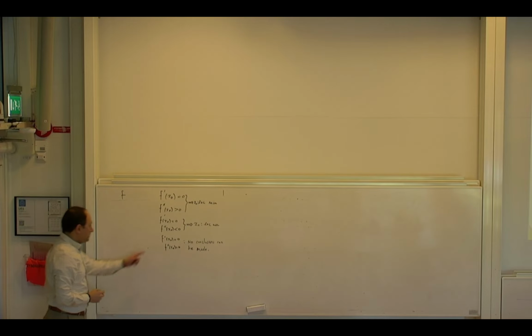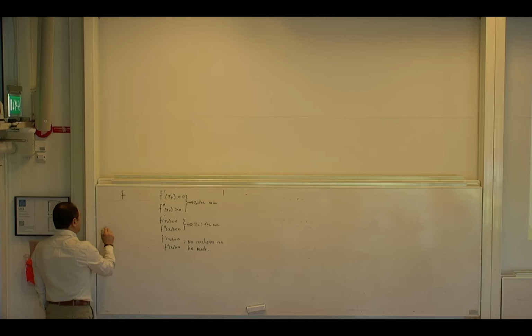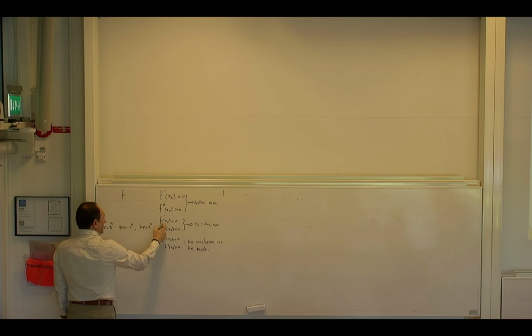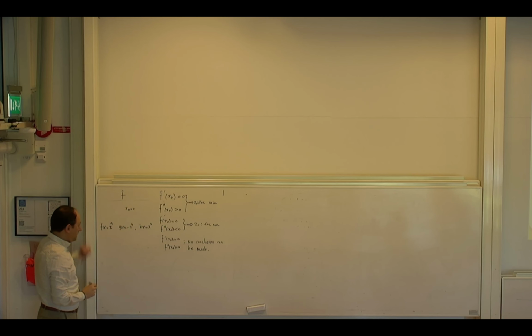So let me just give you this example. If I give you these three functions, f of x equals x to the power 4, g of x equals minus x to the power 4, and h of x equals x to the power 3, and x naught is 0.